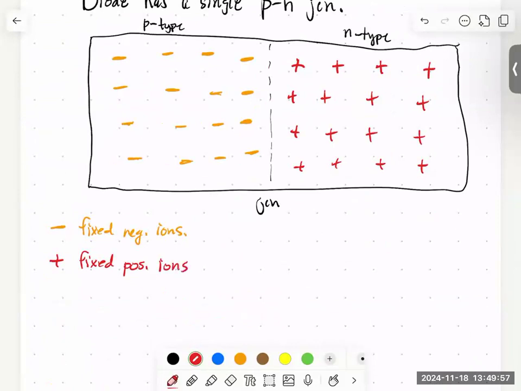Okay. Well, what else do we have? On the p-type side, for every dopant, we get 1 mobile hole. I'm going to draw my mobile holes as these little pluses. And they have these arrows, they can kind of swim around throughout this material.